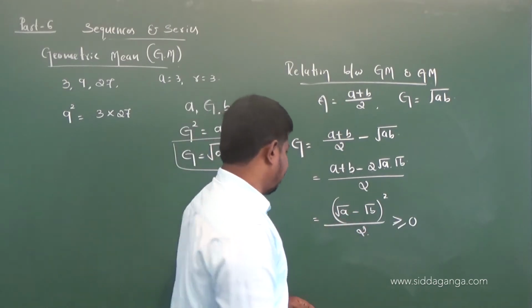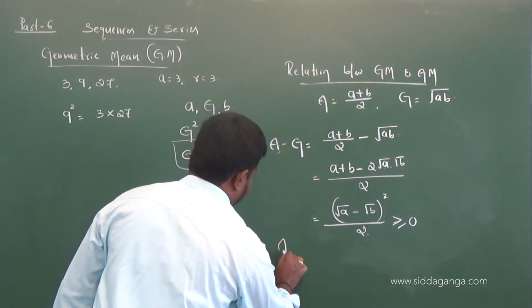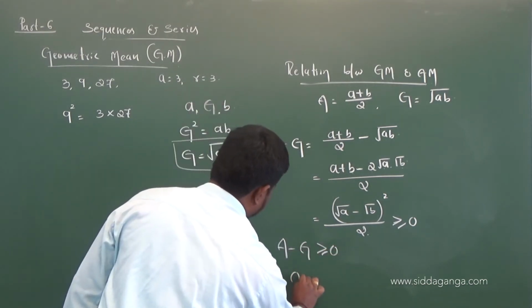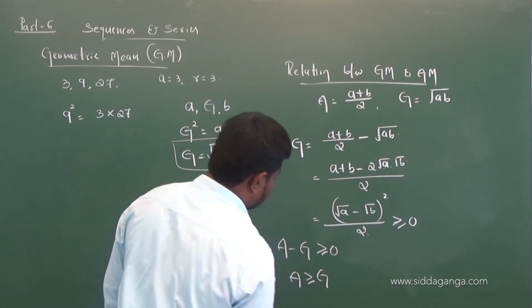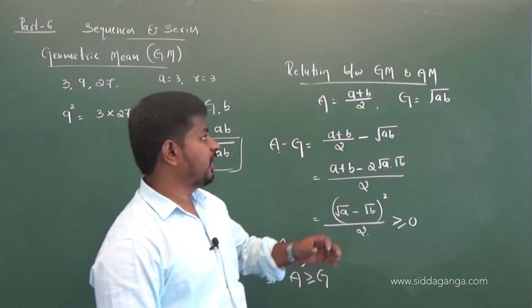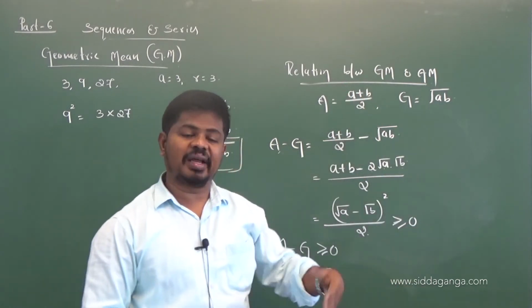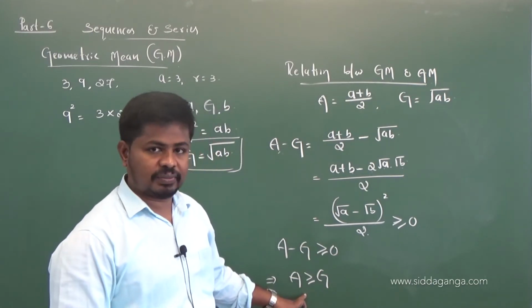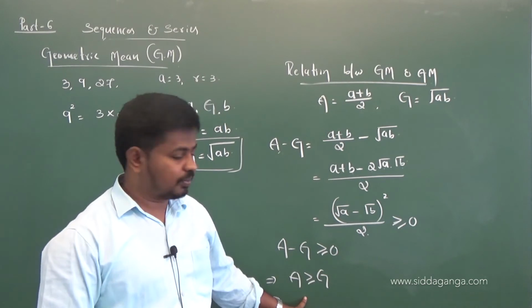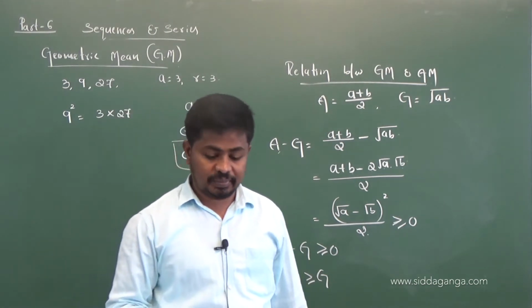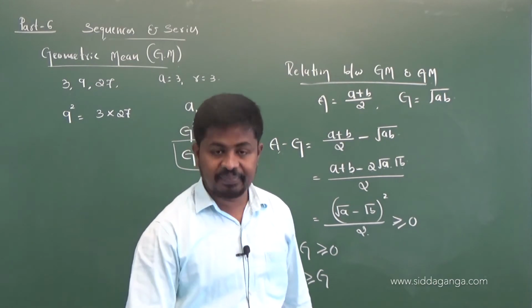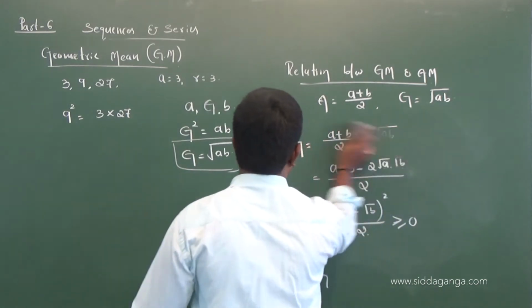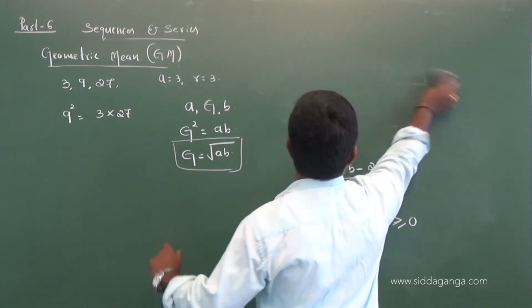Therefore, A minus G is always greater than or equal to 0, or I can write this as A is greater than or equal to G. The arithmetic mean of two numbers A and B is always greater than or equal to the geometric mean of the same numbers A and B. This is the most important relation we are going to use in competitive exams. So the arithmetic mean of any two numbers is always greater than or equal to the geometric mean of the same numbers. Okay. So this is the relation between AM and GM.